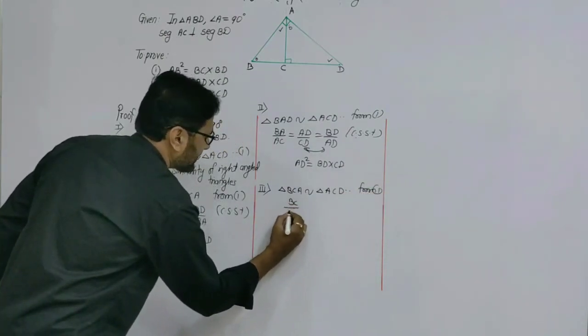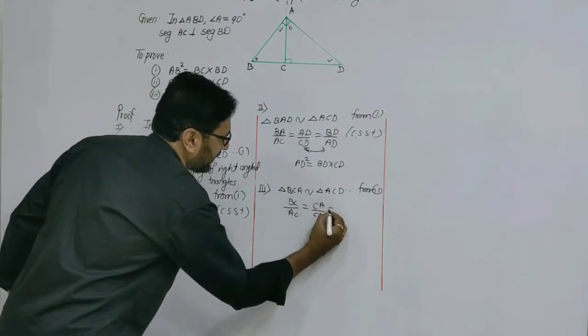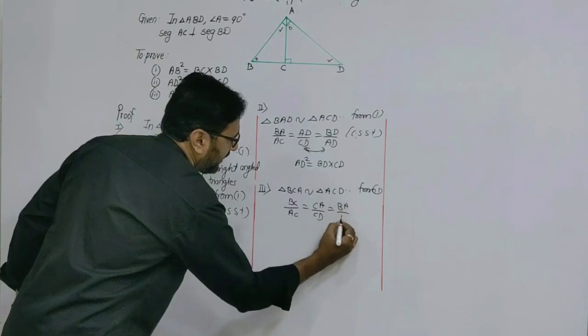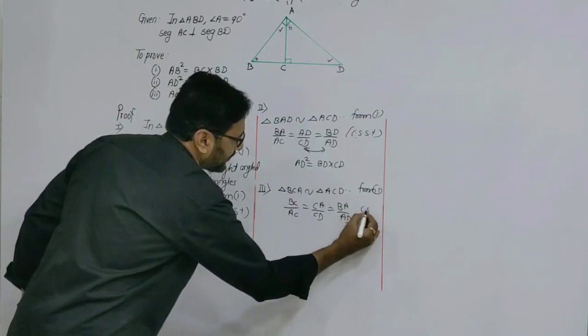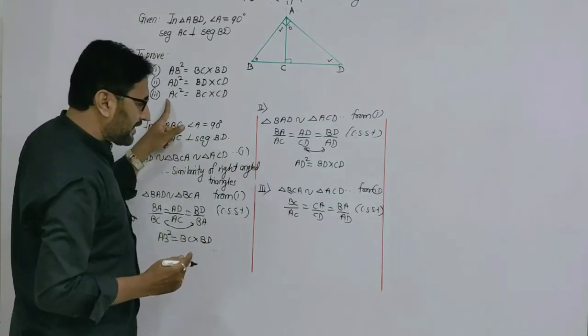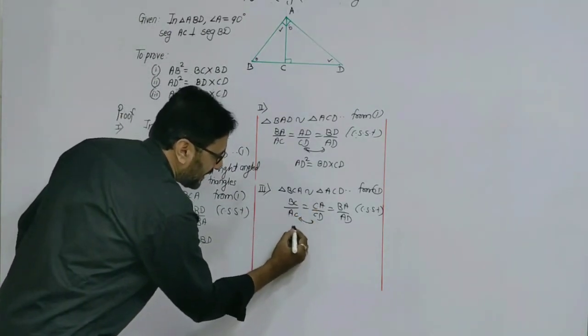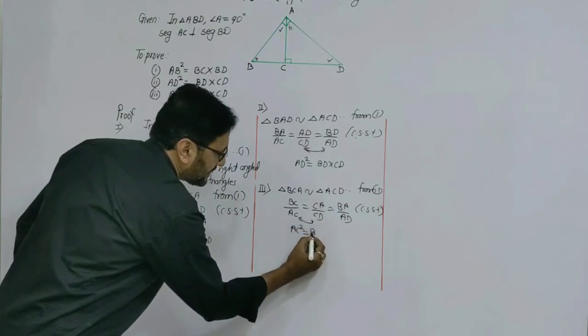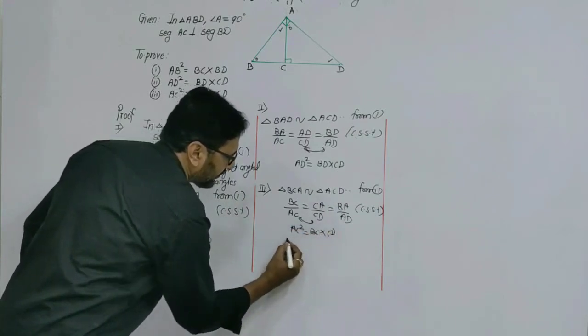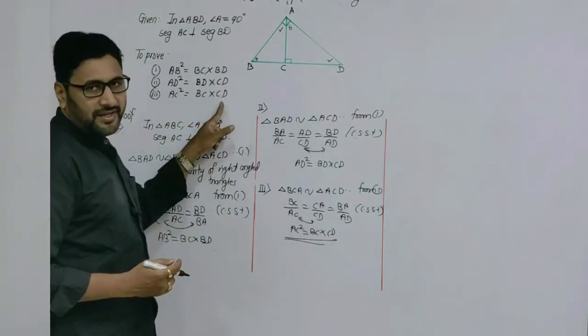BC upon AC is equal to CA upon CD, which is equal to BA upon AD. Same reason, corresponding sides of similar triangles. We need AC square, so take these two ratios. AC square is equal to BC into CD.